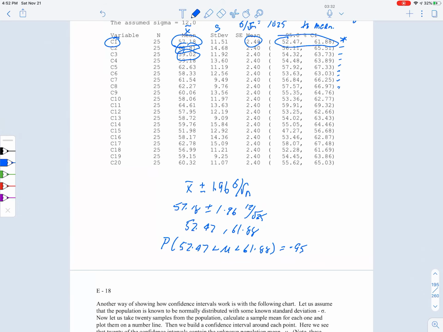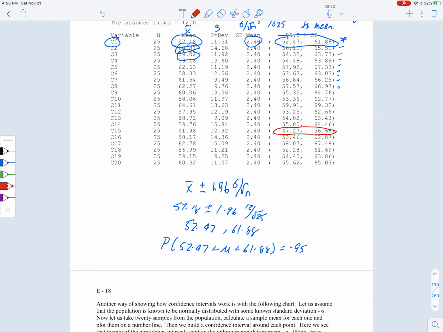Remember, in practical problems, we don't know what the true mean is. That's why we're taking a sample, is to infer the characteristics of the population. But take a look at this, and what you will see is that in almost all of them, the interval contains 60. So it's got a lower bound in the 50s and a higher bound in the 60s.